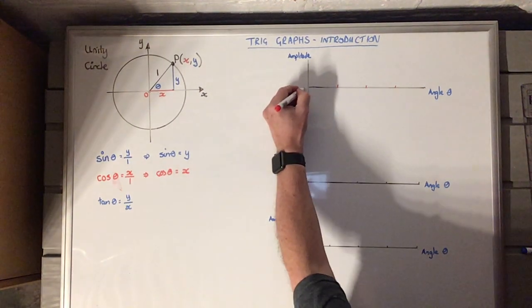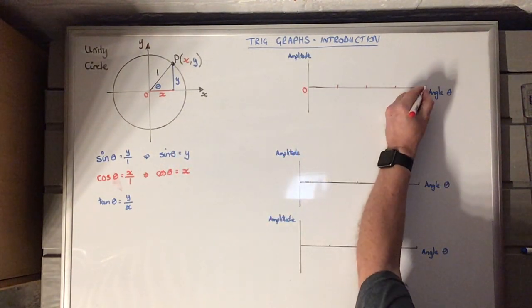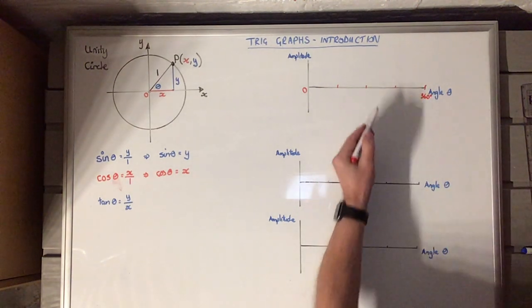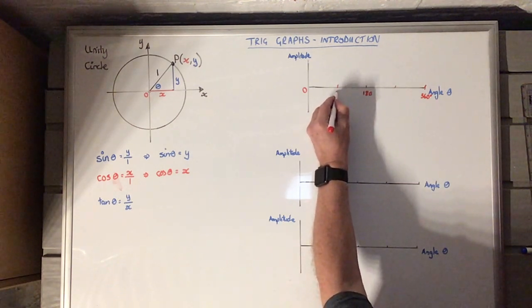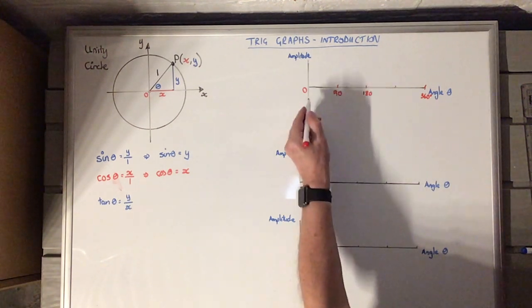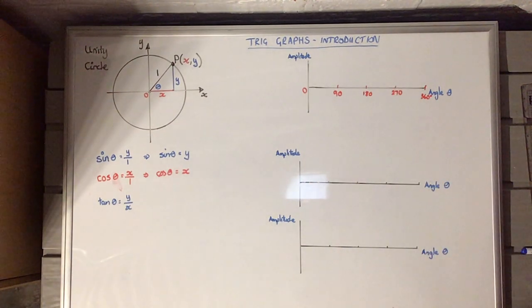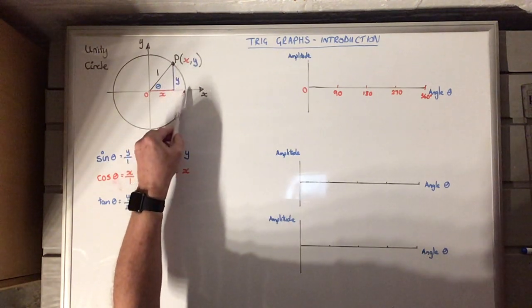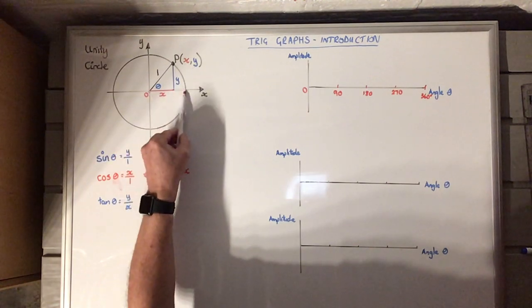So if we start at 0 and go round the full circle, we end up at 360 degrees. Halfway would be 180. And halfway again from 180 to 0 would be 90. And this would be 270. Now, hopefully you can see as we rotate round, if we start at 0 degrees, the y value will be 0 because it will just be a straight line here.